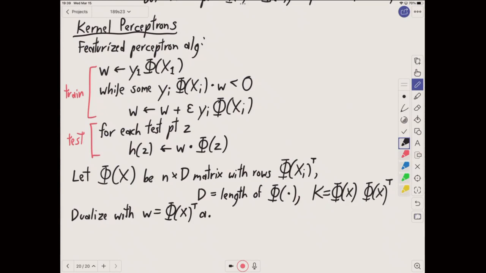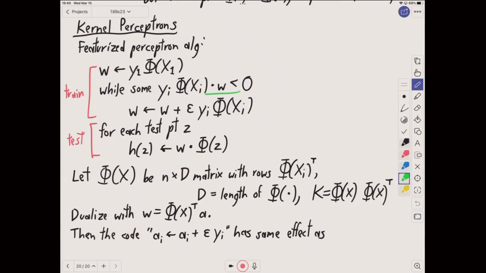Now, with this dualization, suppose I write the following line of code, which we will need for our algorithm. If you write a line of code that updates one dual weight, a_i, by adding the learning rate times y_i, that has the same effect implicitly as this line of code right here in the primal perceptron algorithm.